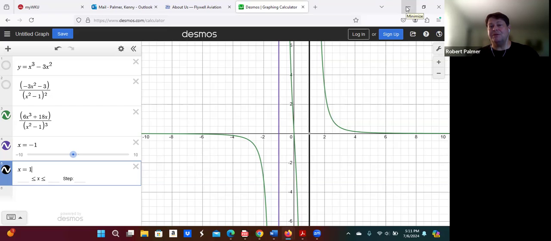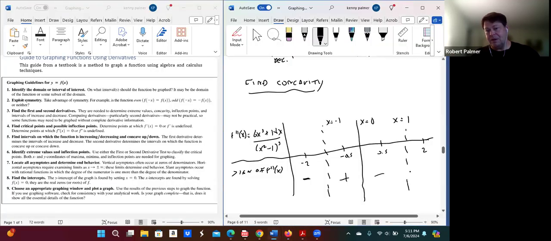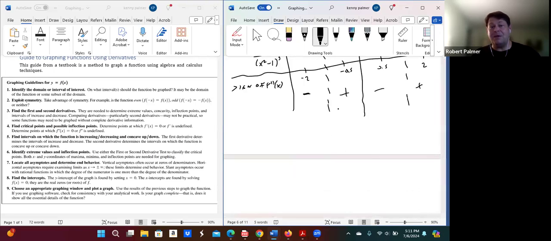So it goes negative, positive, negative, positive. That tells us it's concave down here, concave up, then again concave down and concave up.